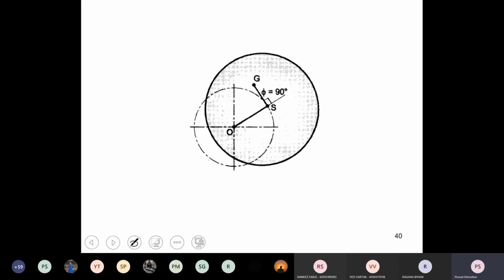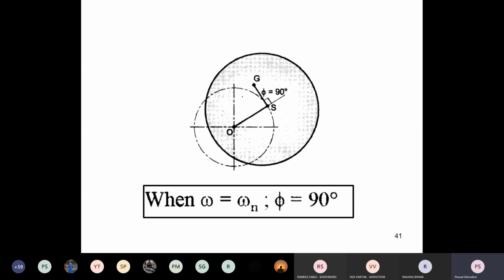Third case, now in the third case what is happening? The forcing frequency becomes equal to the natural frequency, and in that case phi becomes 90 degrees. And in this case they are all aligned.